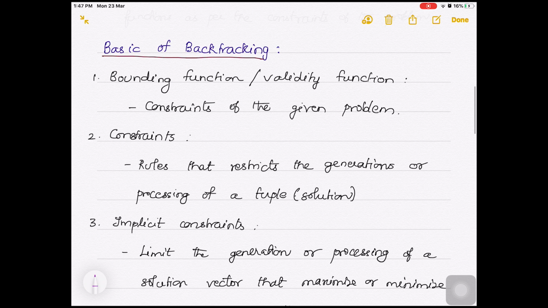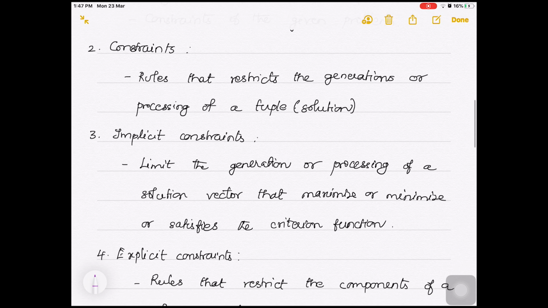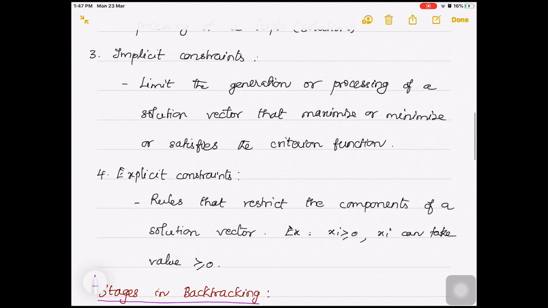In backtracking, the first main thing is the constraint. Constraints are the rules that restrict the generation or processing of a tuple. The second one is a bounding function or validity function that will tell about the constraint of a given problem. There are two types of constraint.